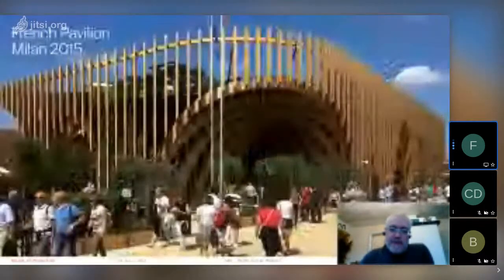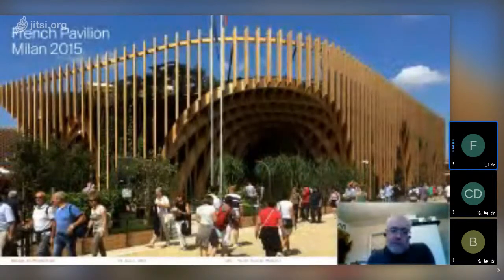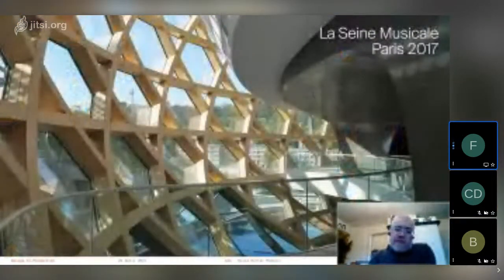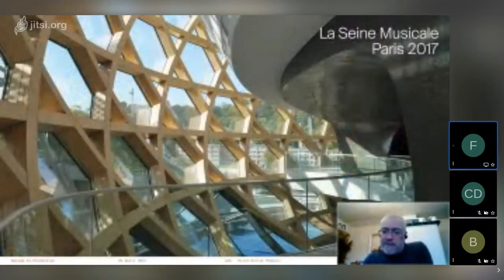Then we had the honor of working together with Simona, a French timber contractor, on the French pavilion for the Expo in Milan in 2015. You can see a little bit of the curvy stuff inside the pavilion here already. We have one wonderful project in Paris, the Scène Musicale on the Île Seguin, also by Shigeru Ban.